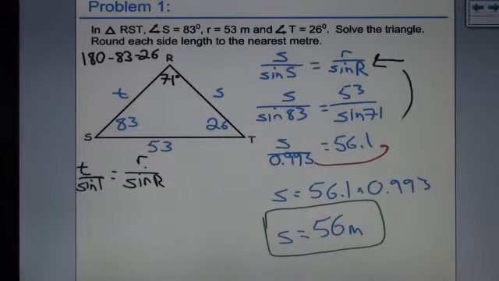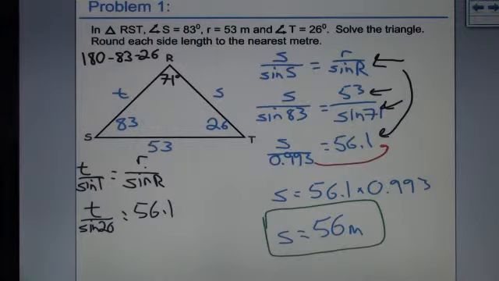So I know, in the end, I could just write 56.1 in to replace that. So I get t over sine 26 equals 56.1. So by doing the math here, 53 divided by the sine of 71 and getting 56.1, I was able to save myself a bit of work in the end.